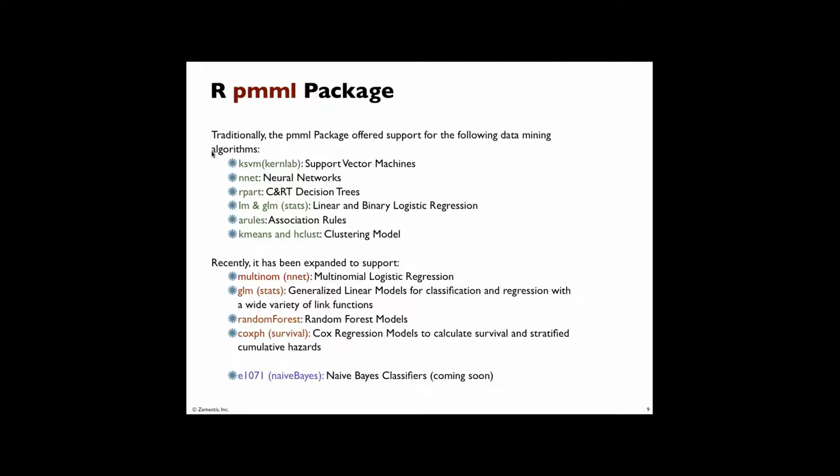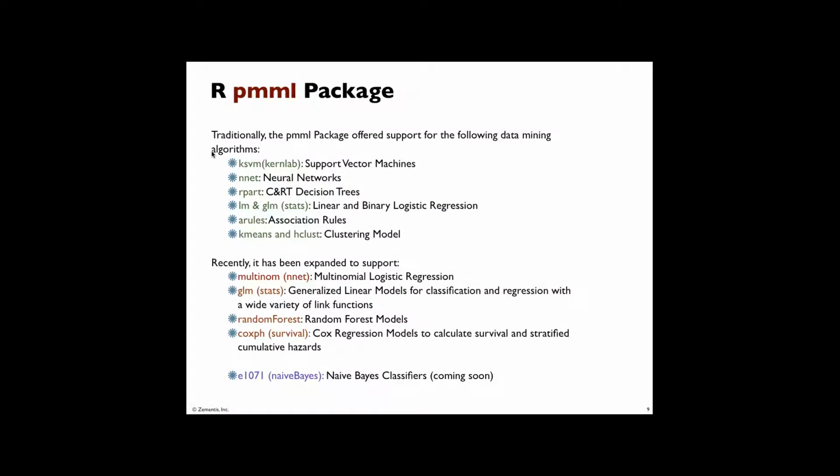And some more have been added recently. General regression, and a more recent one is random forest, which is pretty popular. And the blue color blob indicates, as it says, it's not there yet, but it's ready. It's going to come out in the next version in nine days.